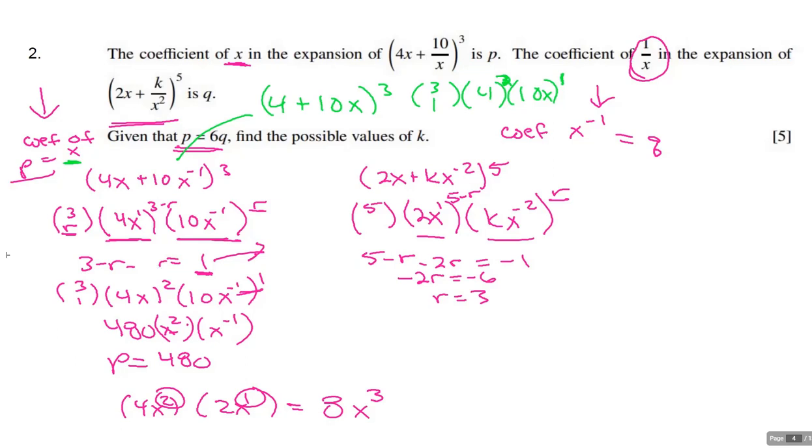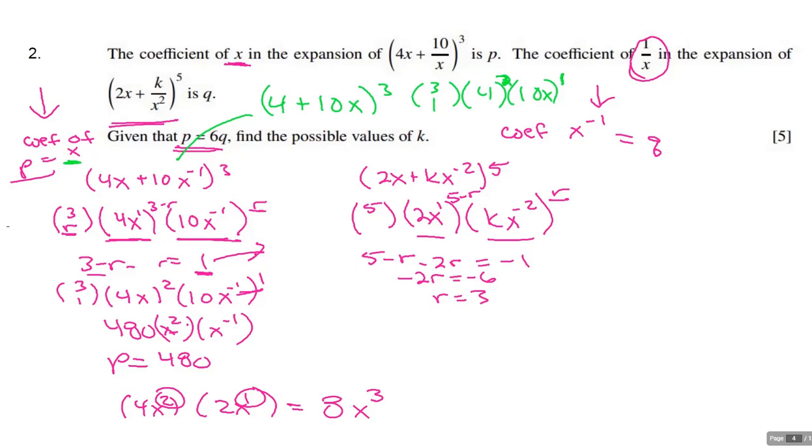This is a 1, right? Come on. Is my pen not doing it? All right. So 3 minus 2r equal 1, right?